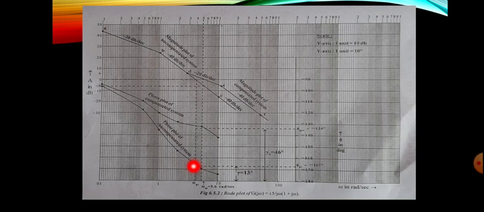And for that omega gc, what will be the value of phase? This omega gc will meet the phase curve at this point, right? So you have to note that phase angle value. You can see it is minus 167. So in the case of the uncompensated system, you go for the gain crossover frequency and mark the corresponding phase, that is phi gc equal to minus 167.